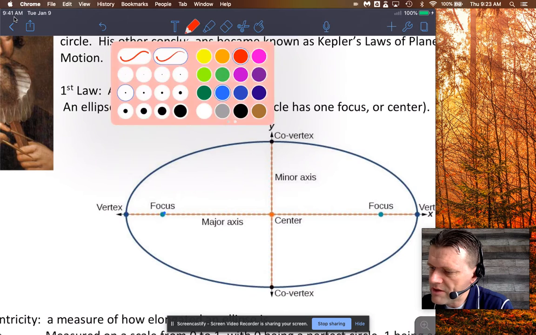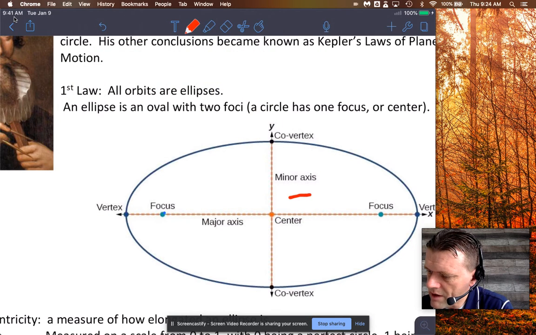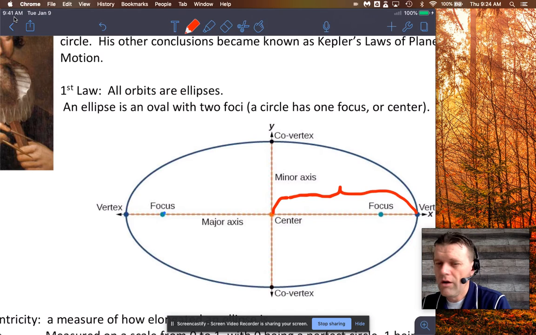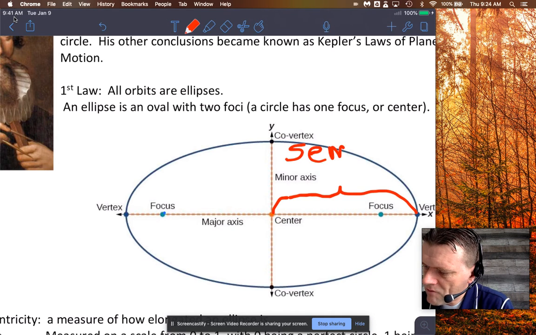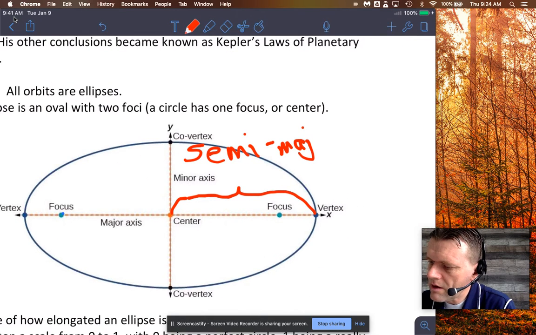So that would basically be this region right in here. We call it the semi-major. Semi means half, like a semi-truck is two parts. Semi-major. You should make note of that because that's what we use for the radius, the semi-major axis.